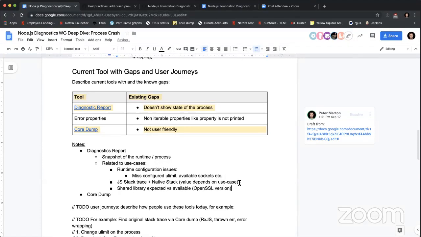Just by looking at the Node.js version, you wouldn't know which SSL library is being linked against the executable. In this particular scenario, the application was crashing in one of the SSL routines.